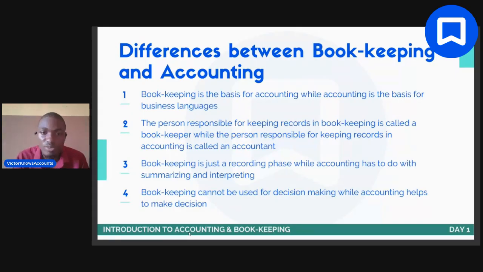So bookkeeping deals with a limited phase, while accounting is broader, deals with more information, summarizing information, and interpreting information. Number four is that bookkeeping cannot be used for decision making, while accounting helps to make decisions.